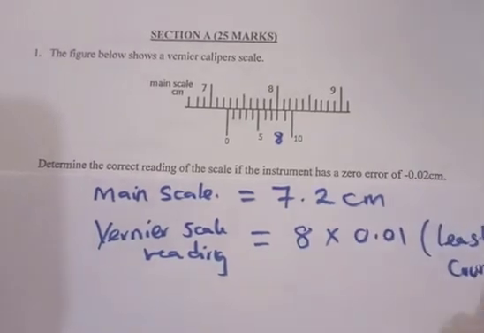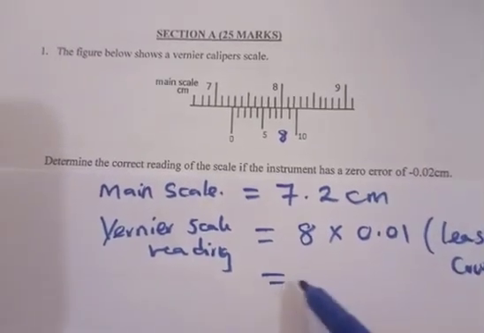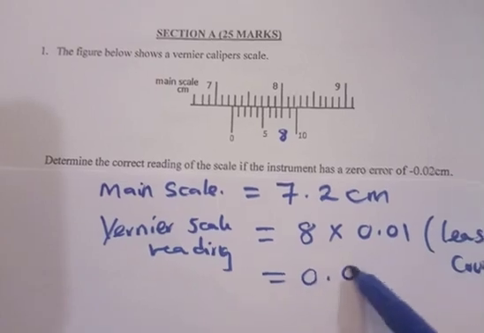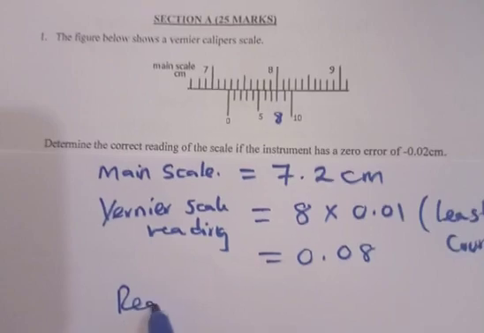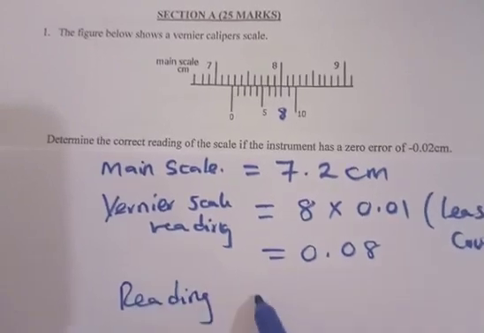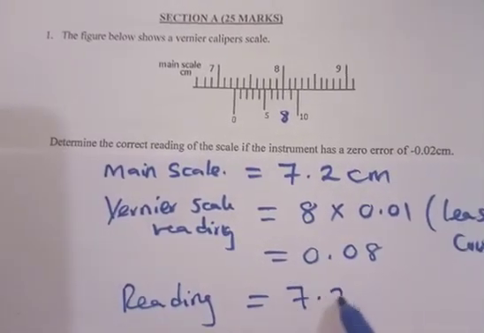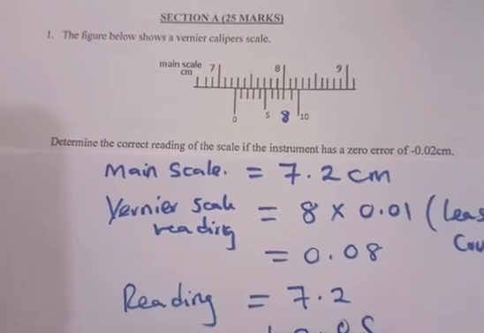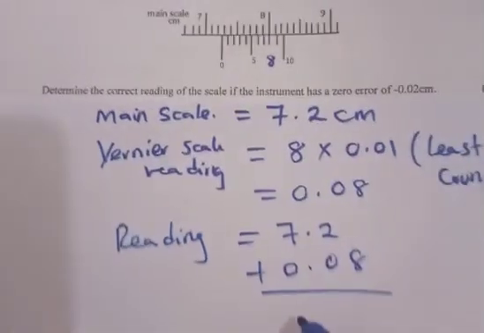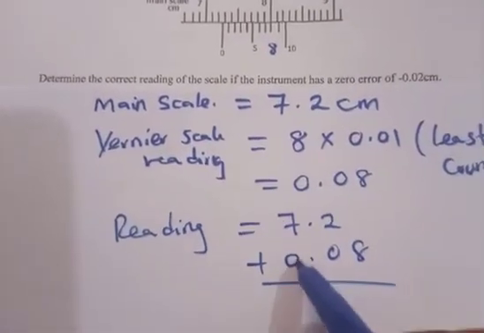And then to obtain the final reading, we add 7.2 to 0.08. So 7.2 plus 0.08, and then we obtain 7.28.